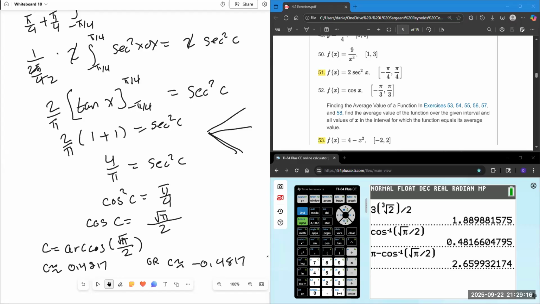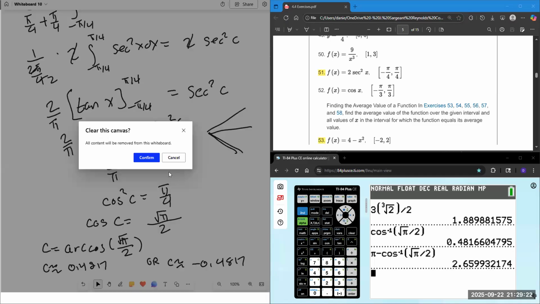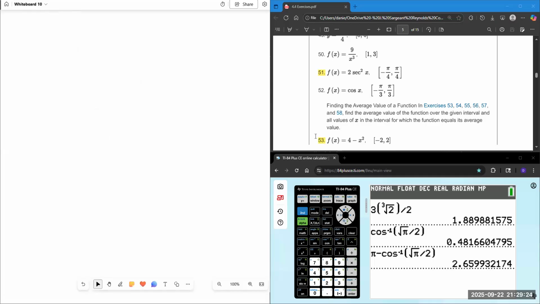Look at 53. Average value of the function.